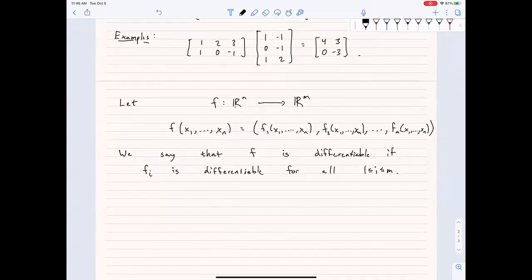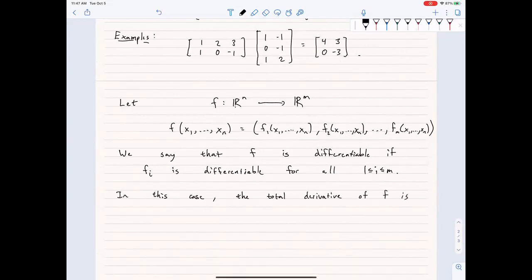So in this case, we can talk about the derivative of f. It's also called the total derivative, and it assembles all of the information of the first partials into one big matrix.